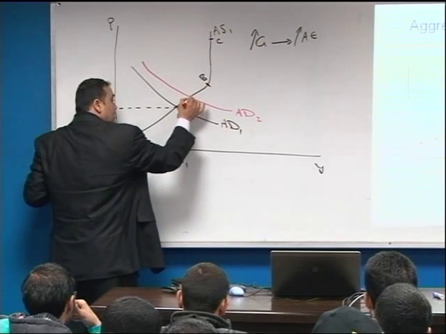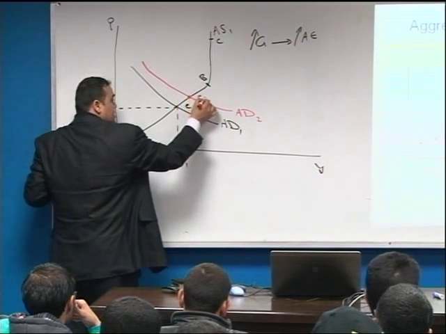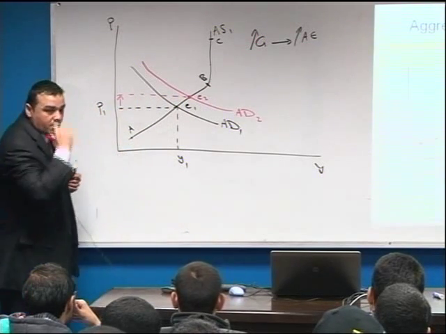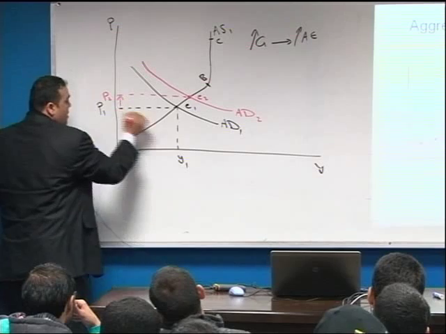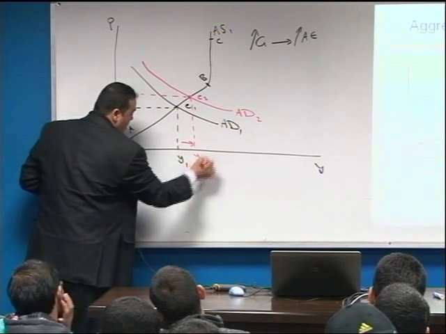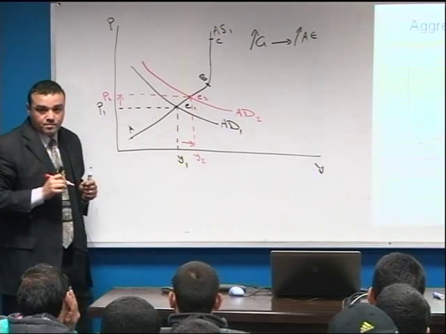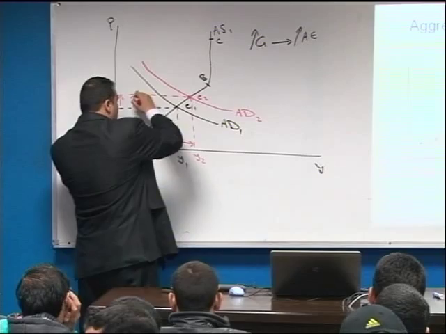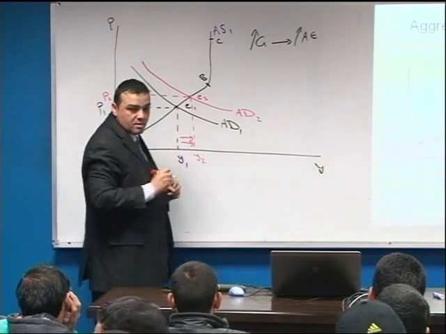We have a new equilibrium point, E2. This leads to increasing prices from P1 to P2, and at the same time an increase in the aggregate output. So there is an increase in the prices and in Y, right?